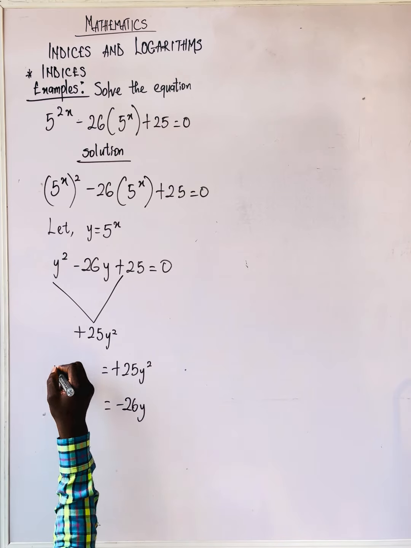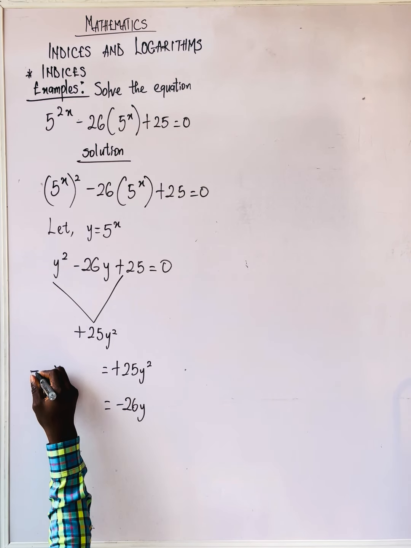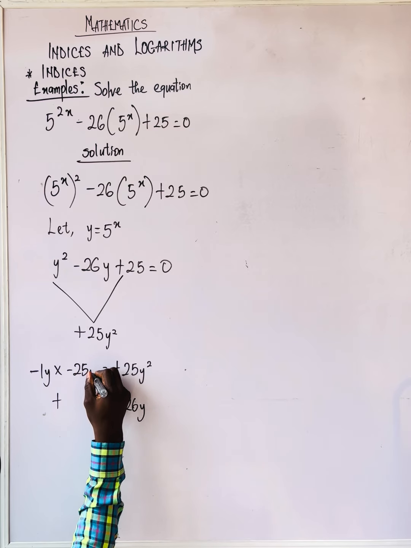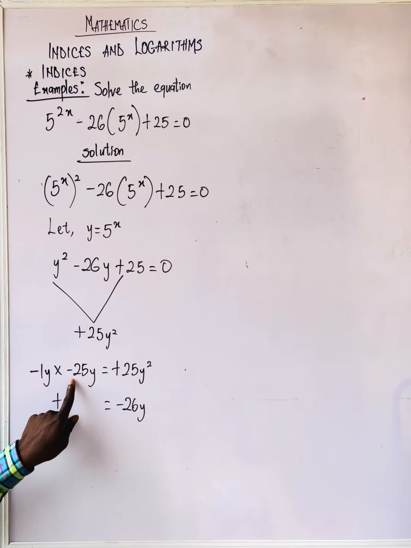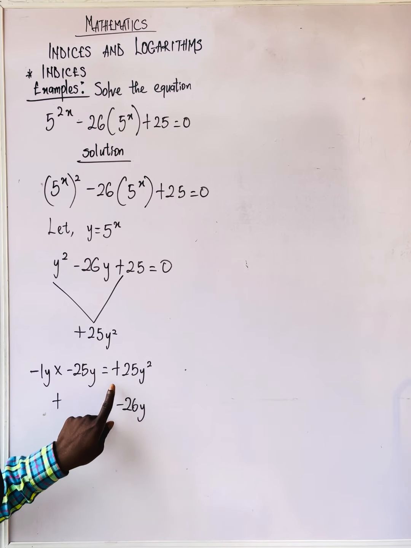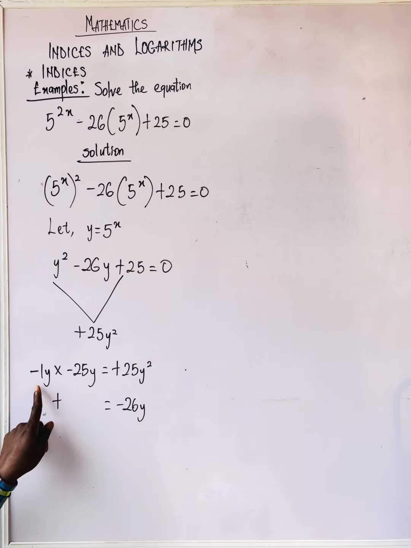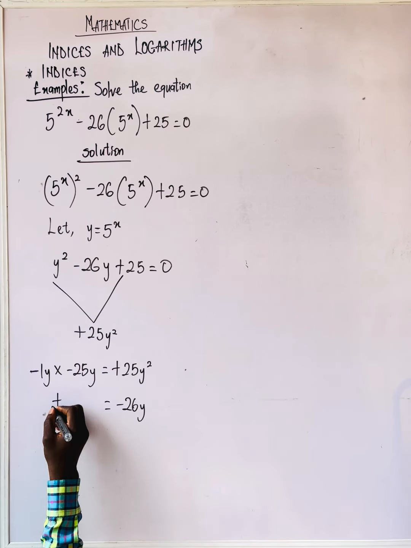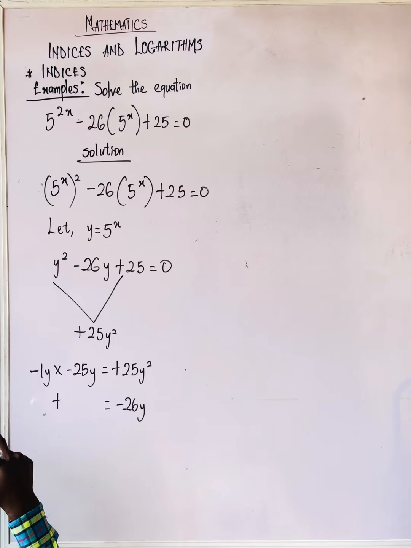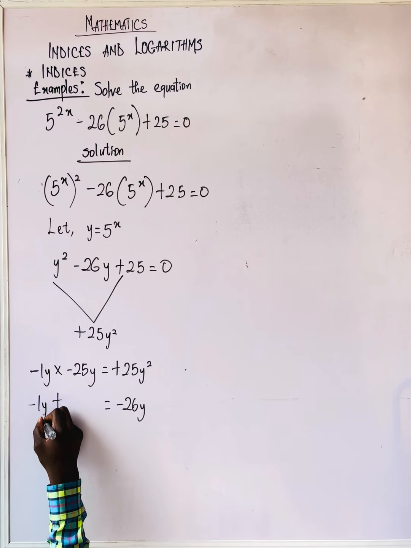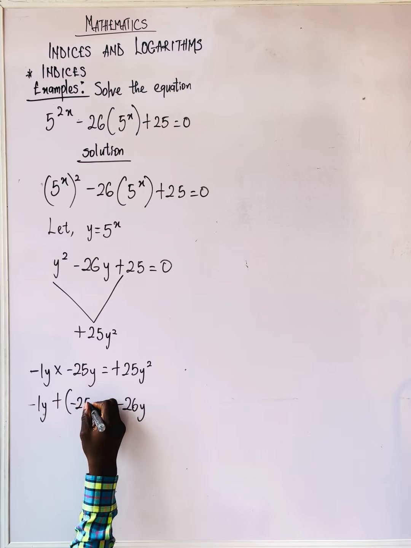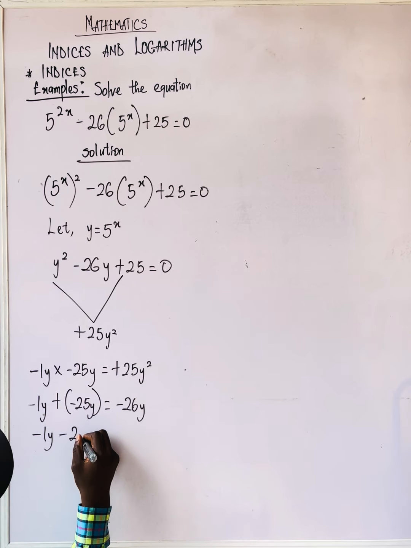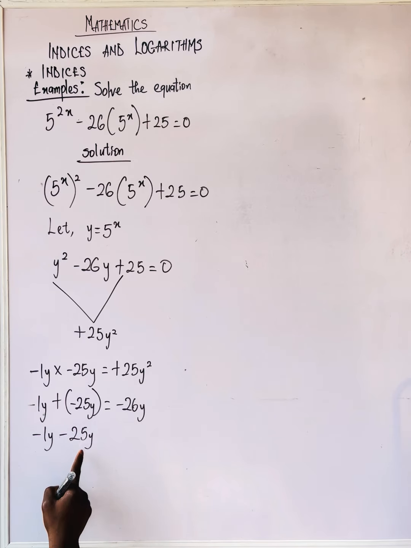Let's try minus 1y and minus 25y. Minus 1y times minus 25y will give us what?